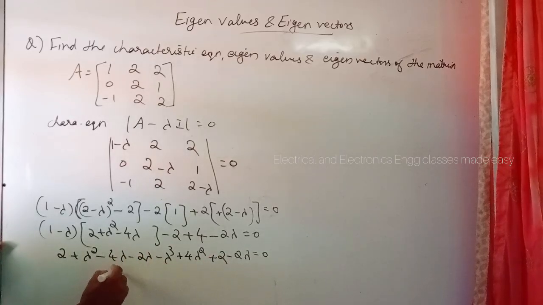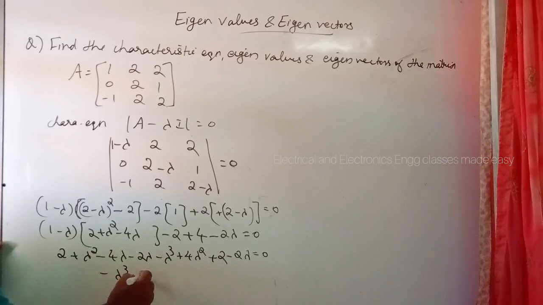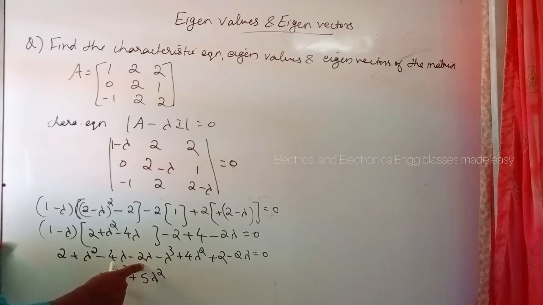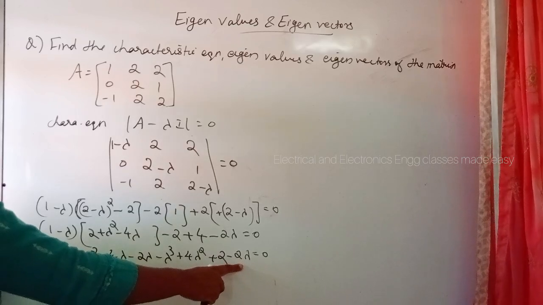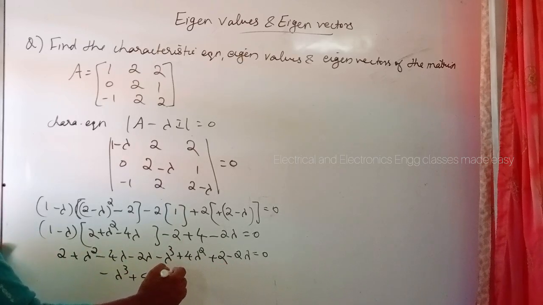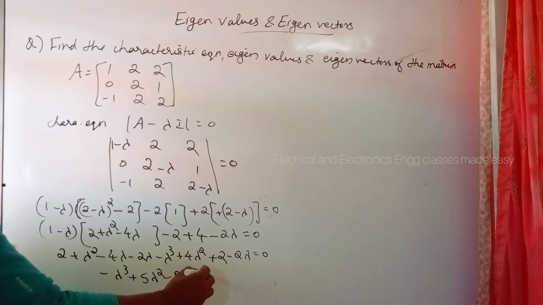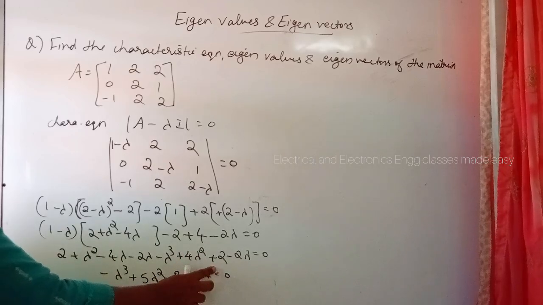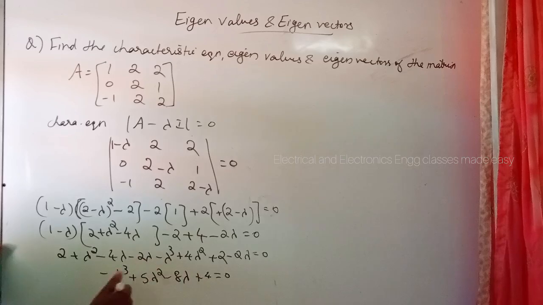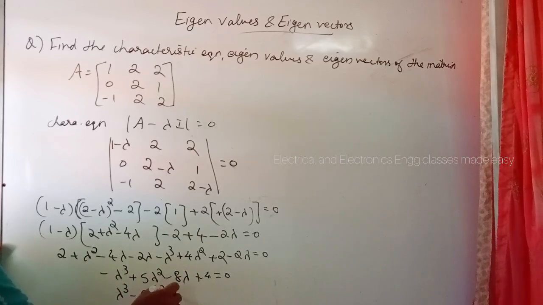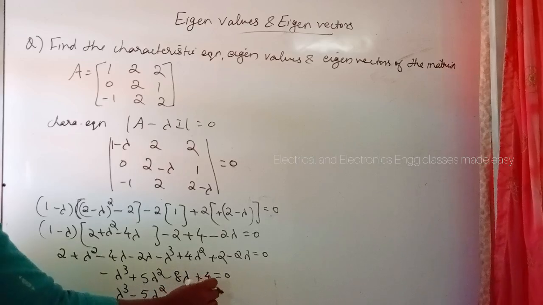Then here minus lambda cube, lambda square plus 4 lambda square, that is plus 5 lambda square, minus 4 lambda minus 2 lambda minus 2 lambda, that is minus 8 lambda, then 2 plus 2, that is plus 4 equal to 0. Let us multiply by negative one here. So here we get lambda cube minus 5 lambda square plus 8 lambda minus 4 equal to 0.